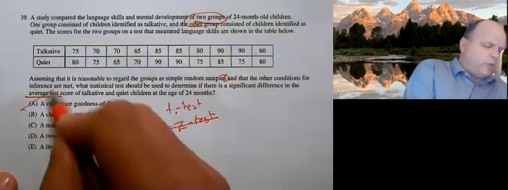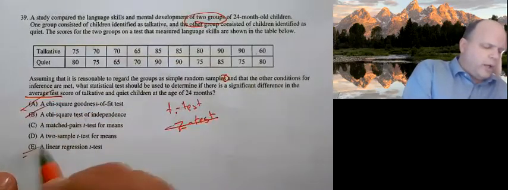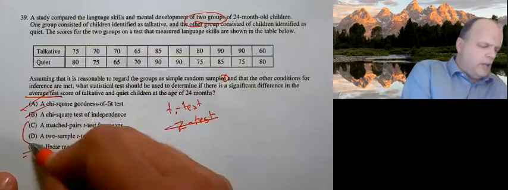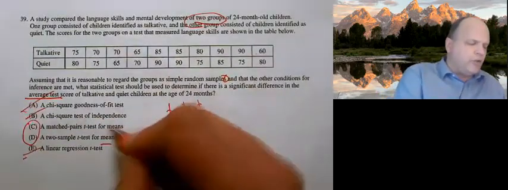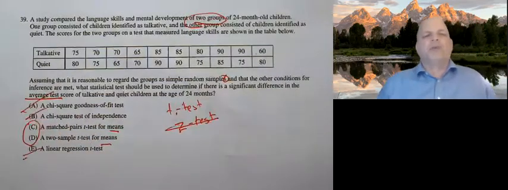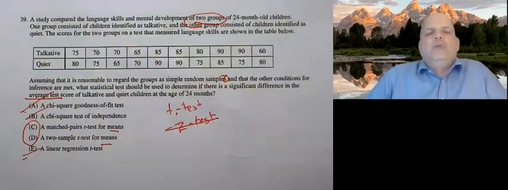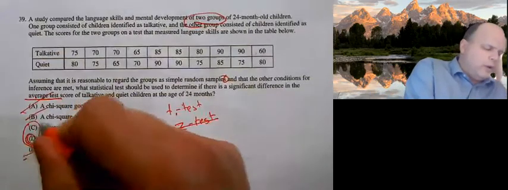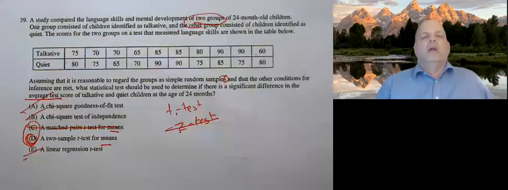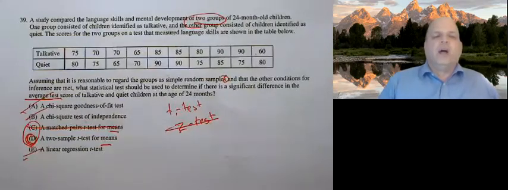Well, that gets rid of chi-squared and linear regression. So now we're down to these because we're working with means or averages. And I knew that because they said average. I have 2 separate groups. The very fact that I have 2 separate groups, it's a 2 sample test, all right?